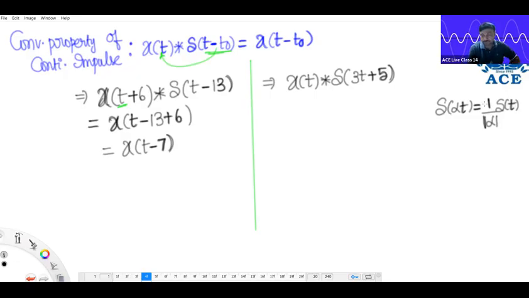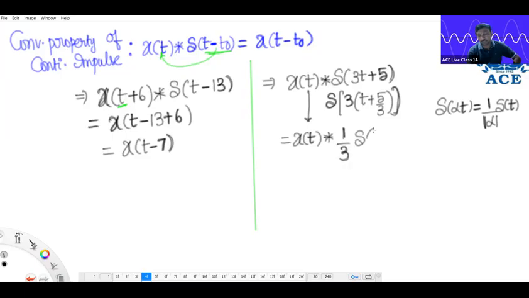So think of it, this is like 3 into t plus 5 by 3. Take the 3 multiplier common. So x of t as it is, and what is del of alpha t here? 1 by 3 times del of t plus 5 by 3. After application of the scaling property, it is like the ordinary convolution property of impulse.